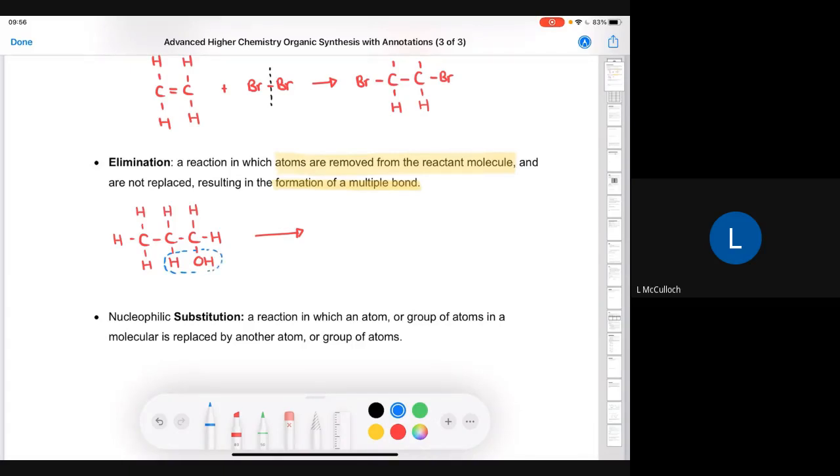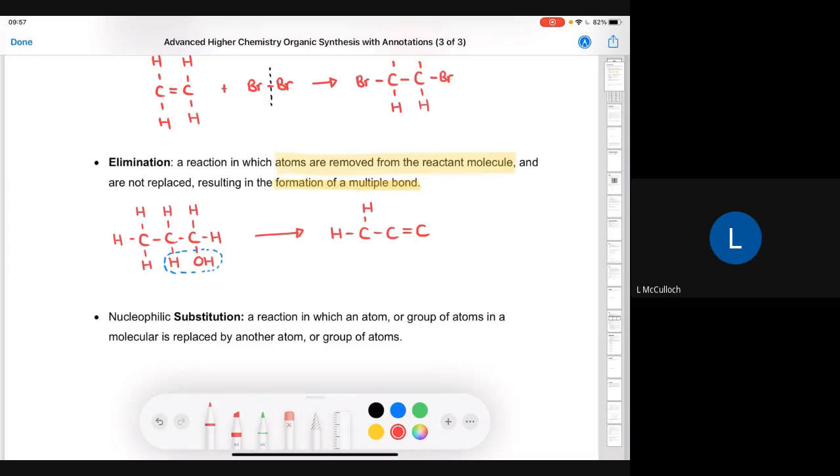So these atoms here are going to be removed. And what we will end up with is a multiple bond forming in between those two carbons. Because those atoms have been removed and they're not replaced, that means the carbon atoms are having to form a double bond so that each of your carbons still makes 4 bonds.